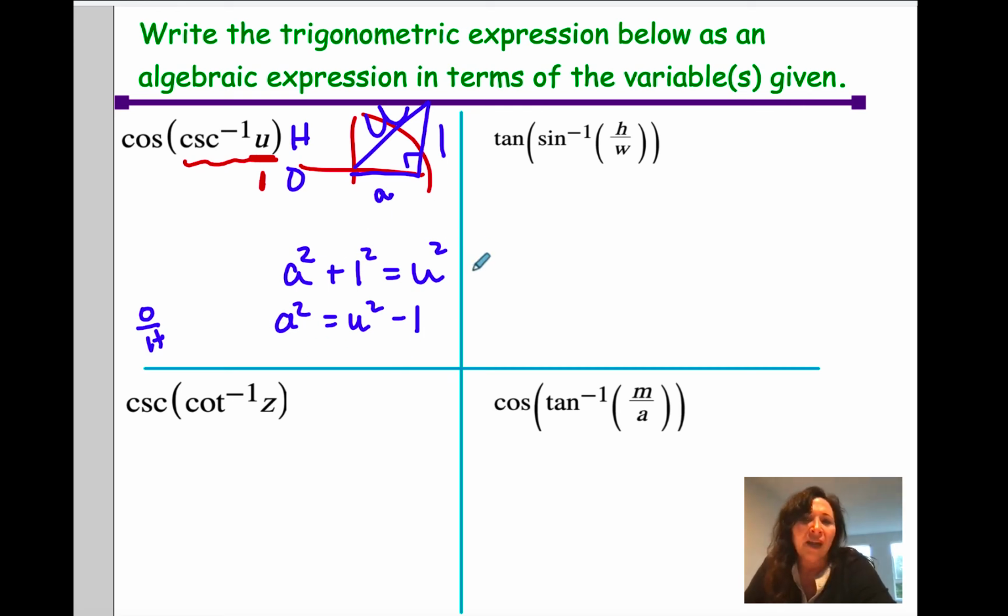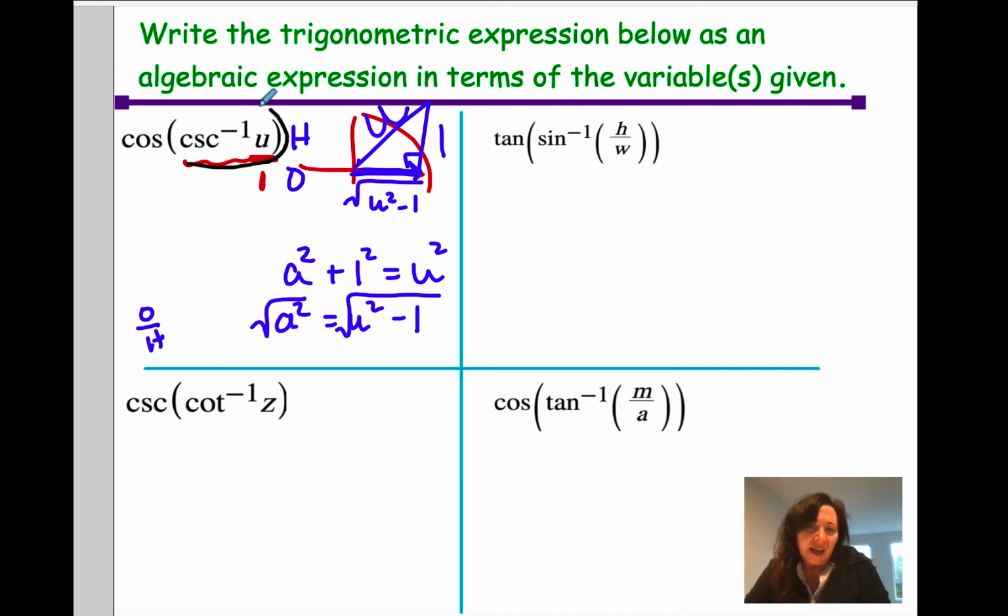And when I move this to the other side of the equal sign, it's the opposite value. And now to lose the squared value, we're going to square root both sides. And because, remember, this value going to the right, it is positive, we're not going to say positive or negative. But this value right here for our A is now going to be the square root of u squared minus 1. Okay?